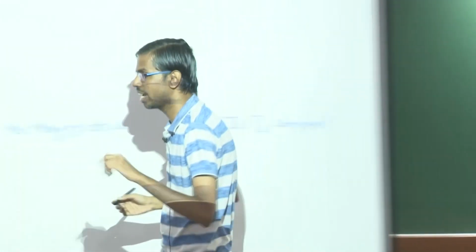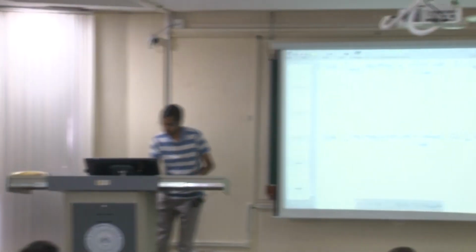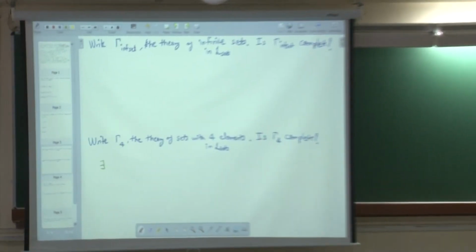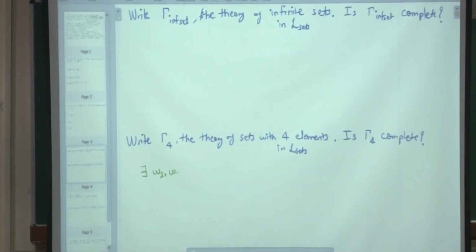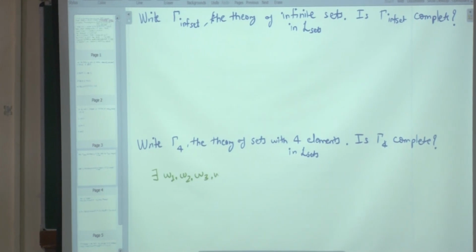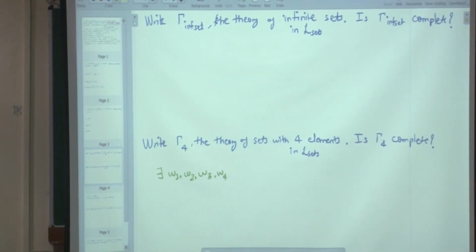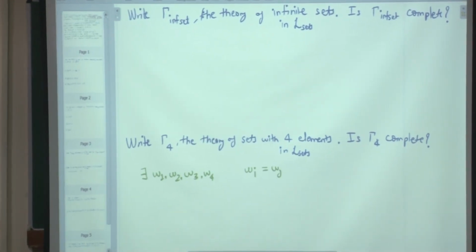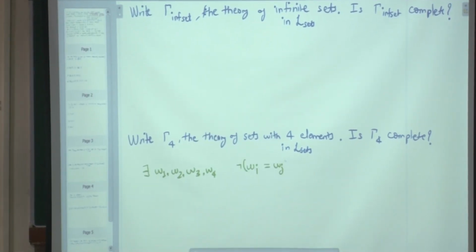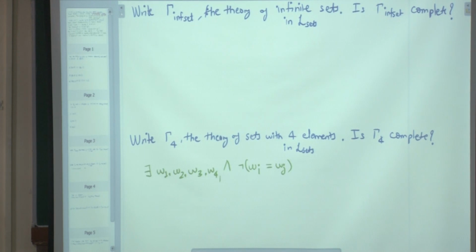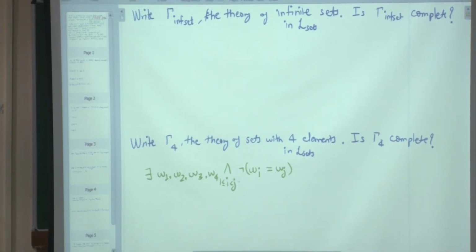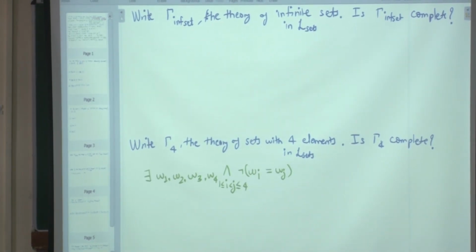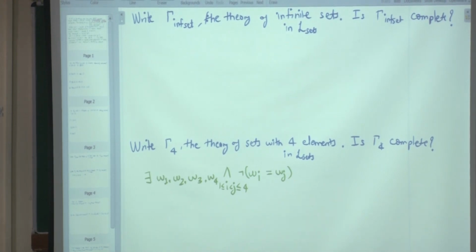So let us write this down. Yeah. So there exist W1, W2, W3, W4 such that Wi is not equal to Wj for any i and j between 1, 2, 3, 4 but distinct.